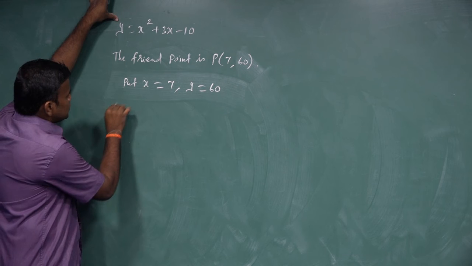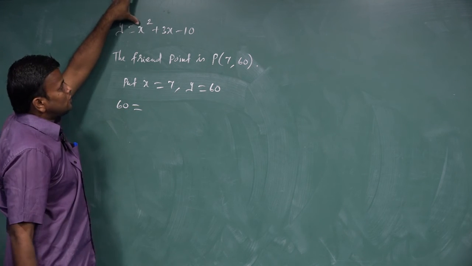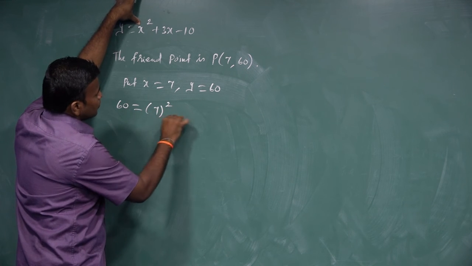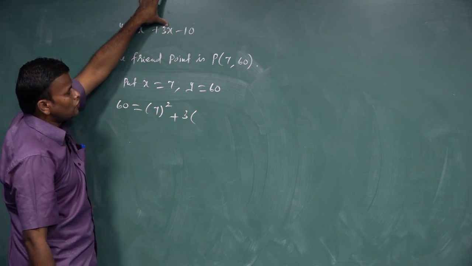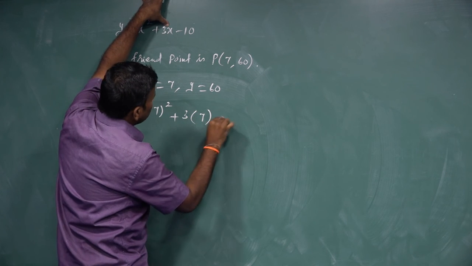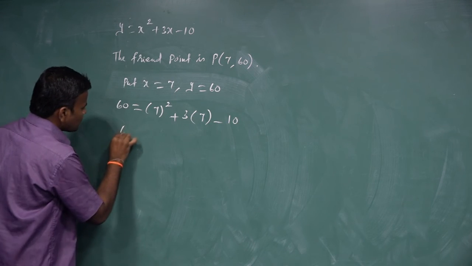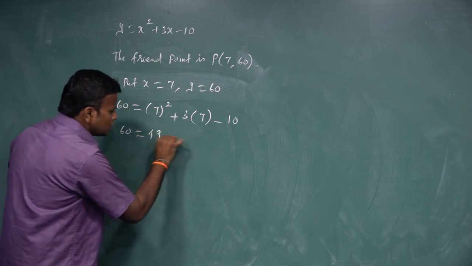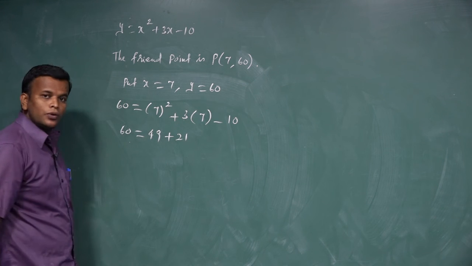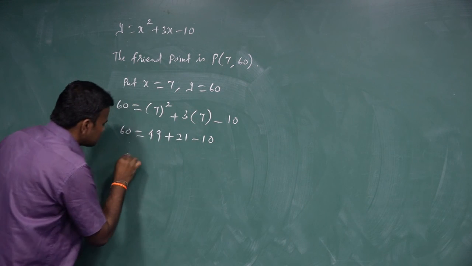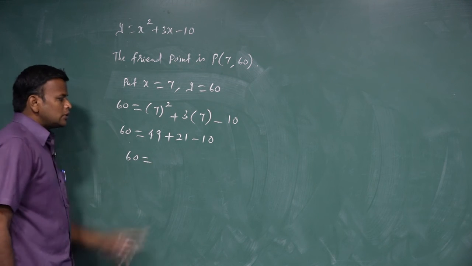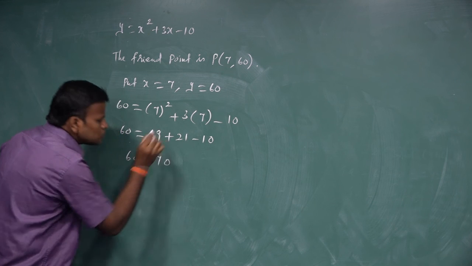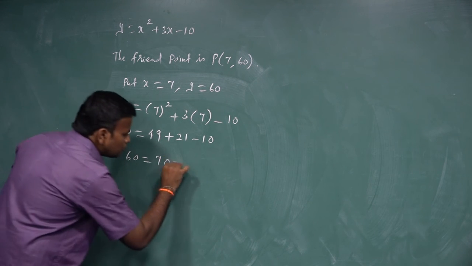The value of y, 60, is equal to x square, where x is 7, plus 3 into x, 3 times 7, minus 10. 60 is equal to 7 square, 49, plus 3 7s are 21, minus 10. 60 is equal to 49 plus 21, which is 70, minus 10.